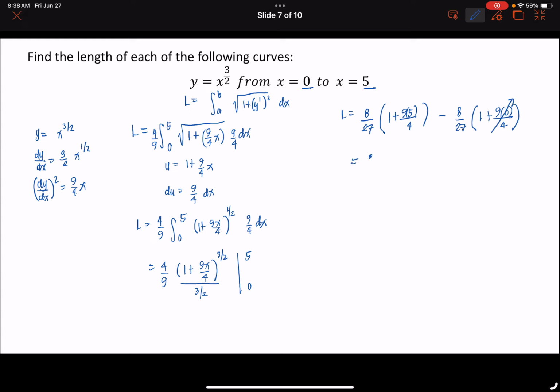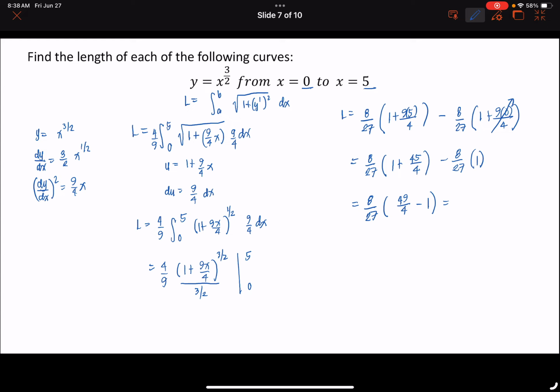So we have 8 over 27 times 1 plus 45 over 4 minus 8 over 27 times 1. So the lower limit would become just 1. So we have 8 over 27 times 49 over 4 minus 1.